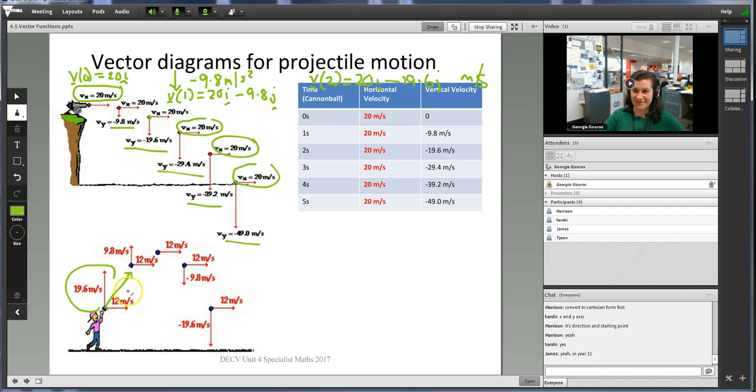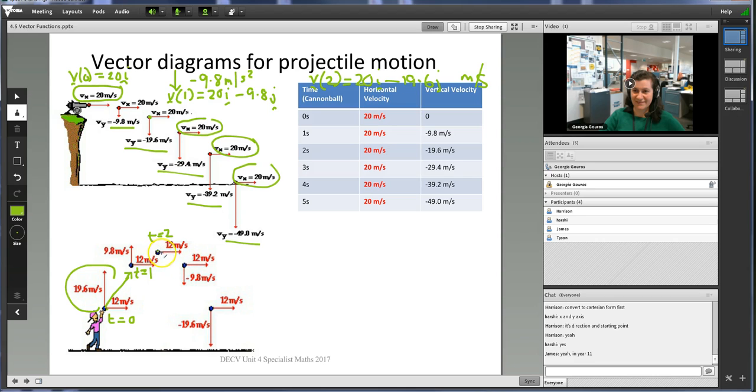So this is at t equals 0. At 1 second, t equals 1, you can see the horizontal component remains the same, but the vertical component has decreased by 9.8 meters per second. And then at t equals 2, the vertical component is 0. The horizontal component remains 12 meters per second.